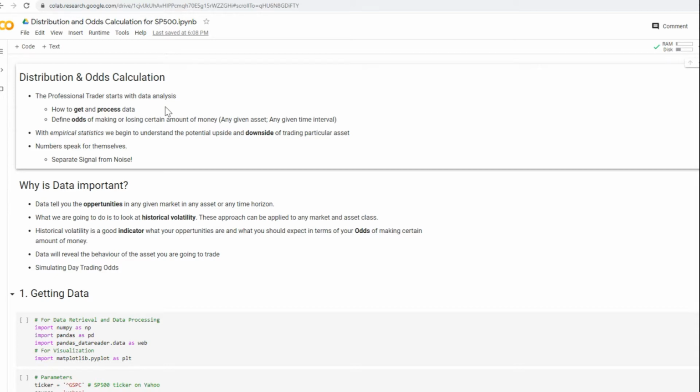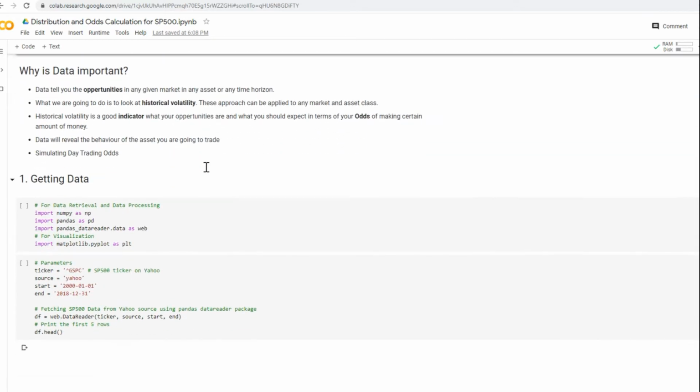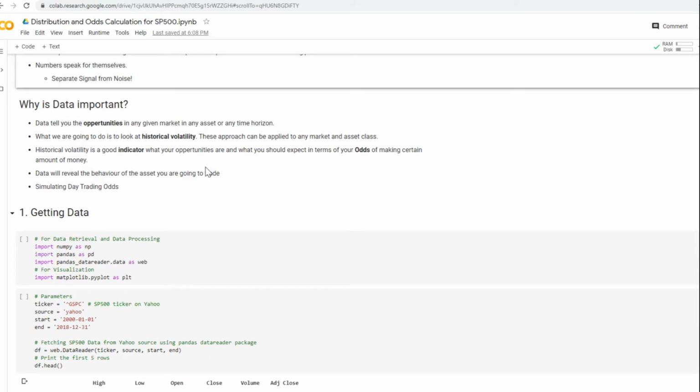With empirical statistics, we begin to understand the potential upside and downside of trading a particular asset. And numbers will speak for themselves, so we will separate the signal from the noise when we make our trading decision. So why is data important? Data tells you the opportunities in any given market for any given asset and for any time horizon.